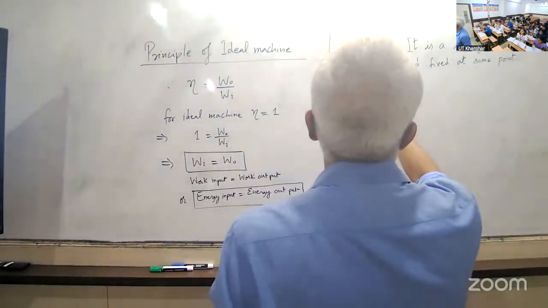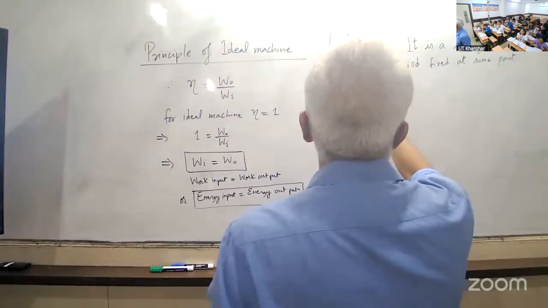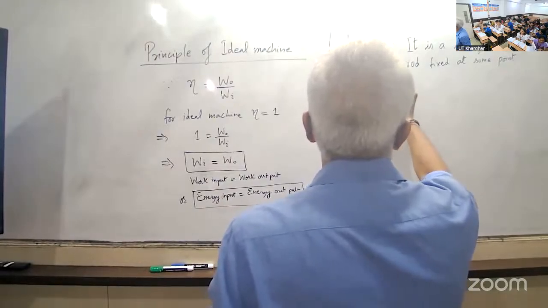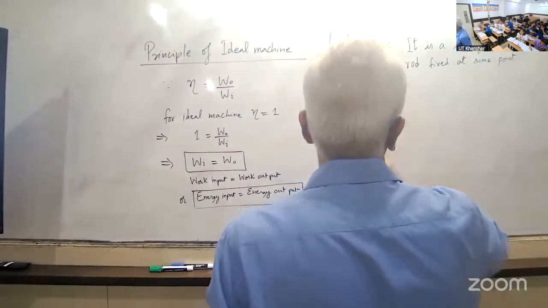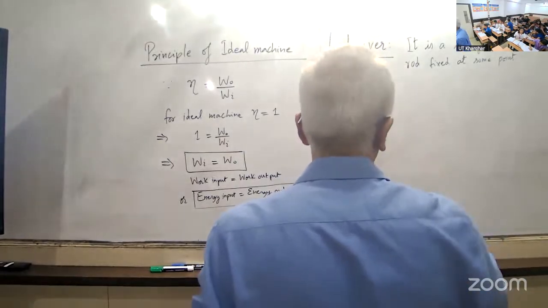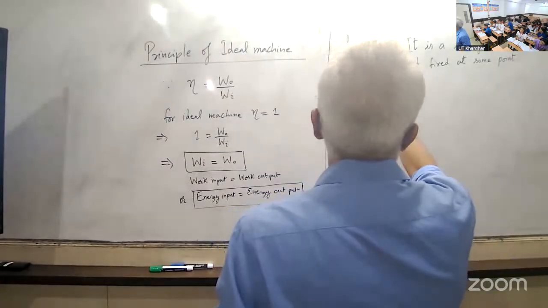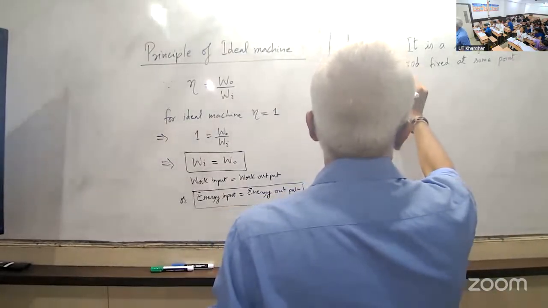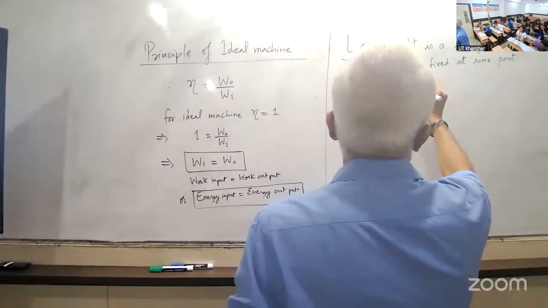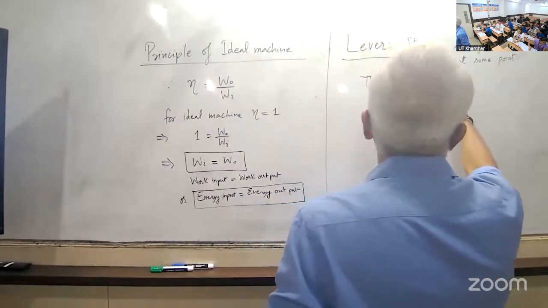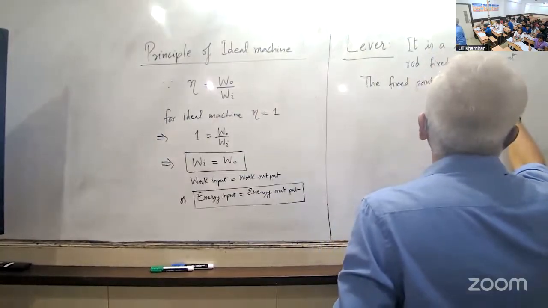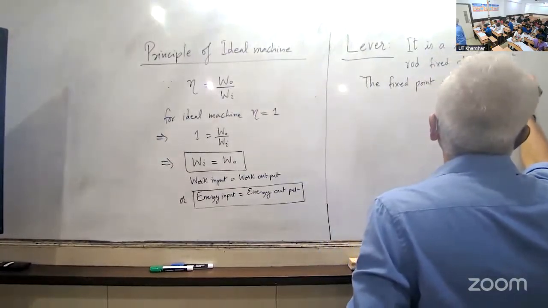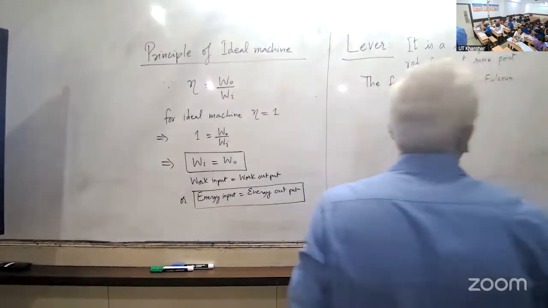So there are three classes. And what is this fixed point called? The fixed point is called fulcrum. What do you call the fixed point?